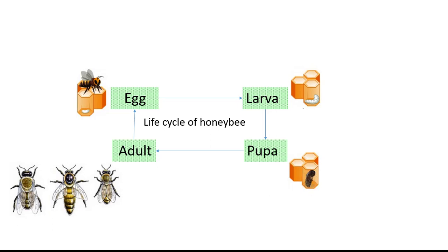The physiological change occurs in the pupa stage, and that change emerges as an adult bee. From the pupa, queen bee, drone bee, and worker bees are produced. In this way, the life cycle of a honeybee completes in 4 stages, like in other insects.